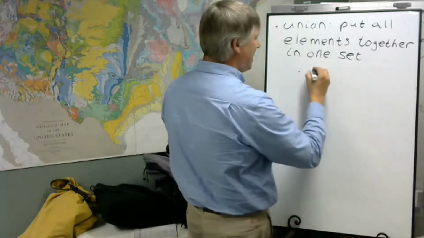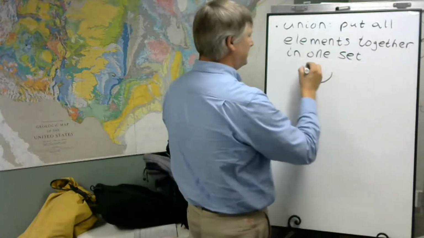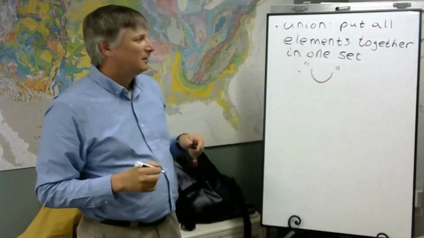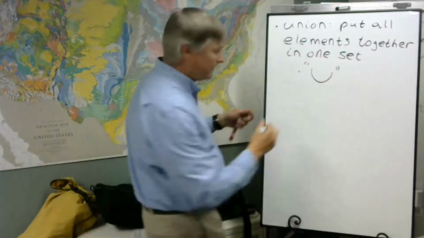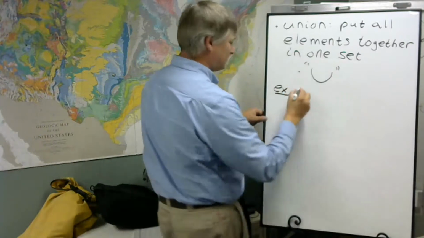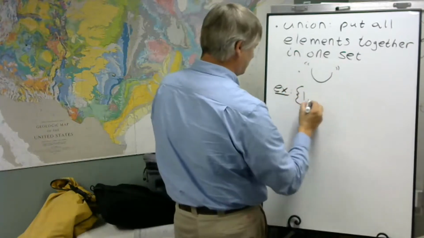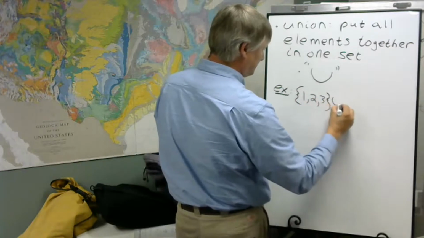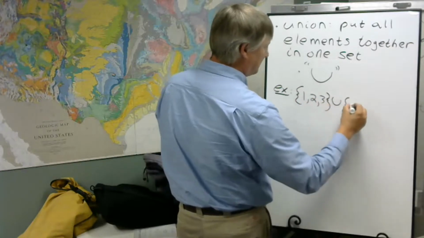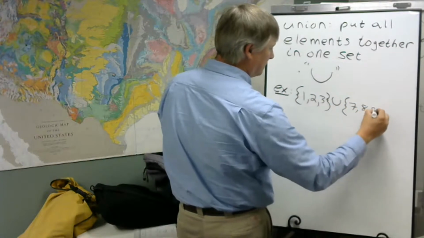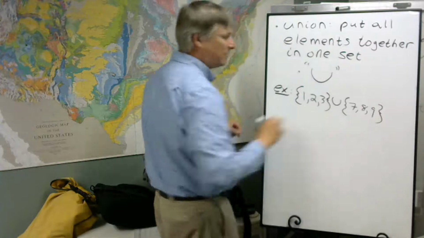So what this little operation looks like, it looks kind of like a U. So for example, let's say we have this. We union that with that set.